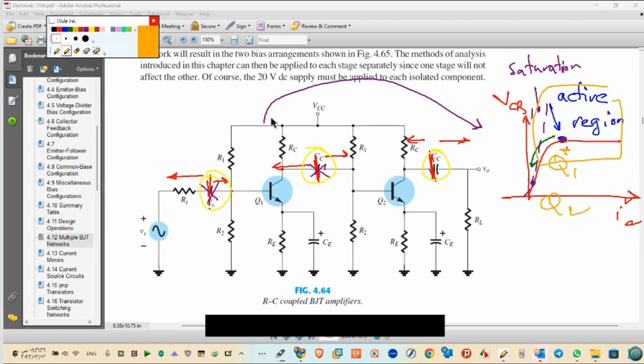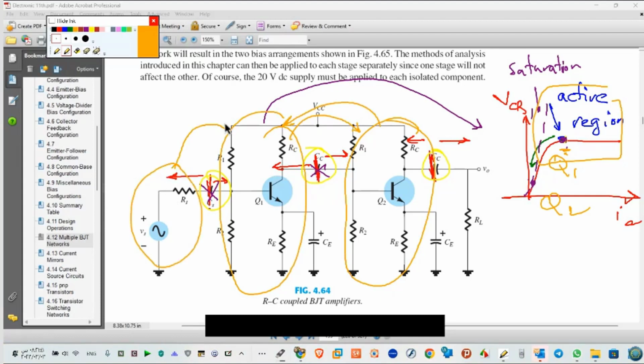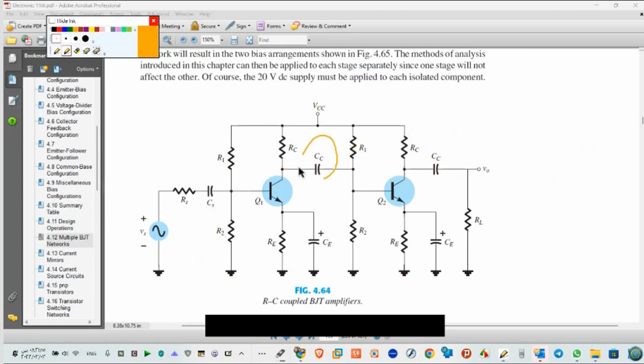That means Q1 or stage 1 will not affect stage 2, and stage 2 will not affect stage 1. Same thing, the generator will not affect the active region or the Q point for stage 1. And if I have any load here, this load will not affect Q2 in stage number 2. For that reason, I'm using this capacitor.